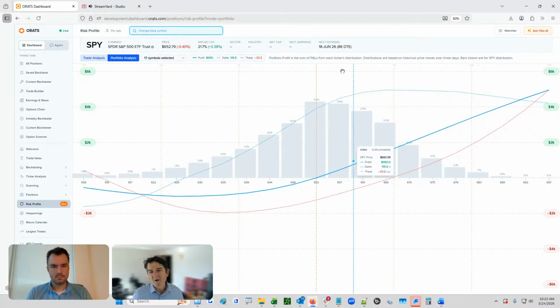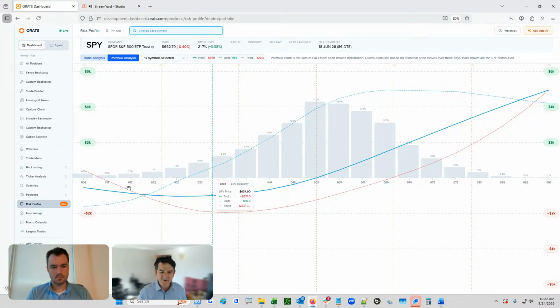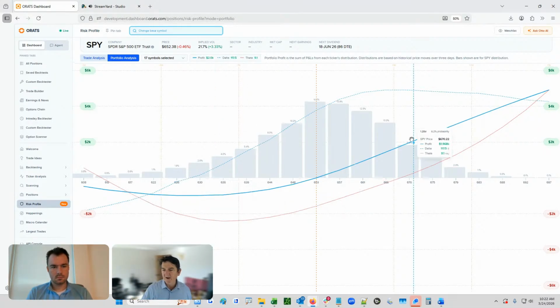But yeah, this kind of mirrors my overall position. I'm generally long, but now I've got a lot of curvature to the downside. I don't have a lot of loss, but I do have a fair amount of theta. This is how I want to be in times like this, in uncertain times, as defined by higher volatility.